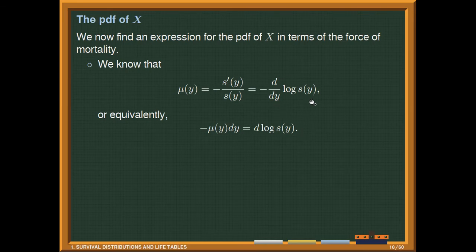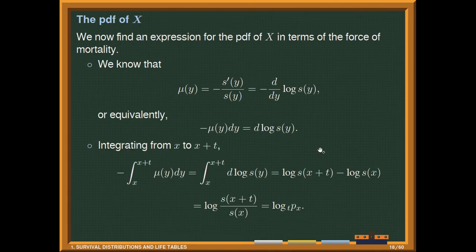So we can write that the negative mu of y dy is equal to d log of s of y. If we integrate both sides from x to x plus t, we get the following.